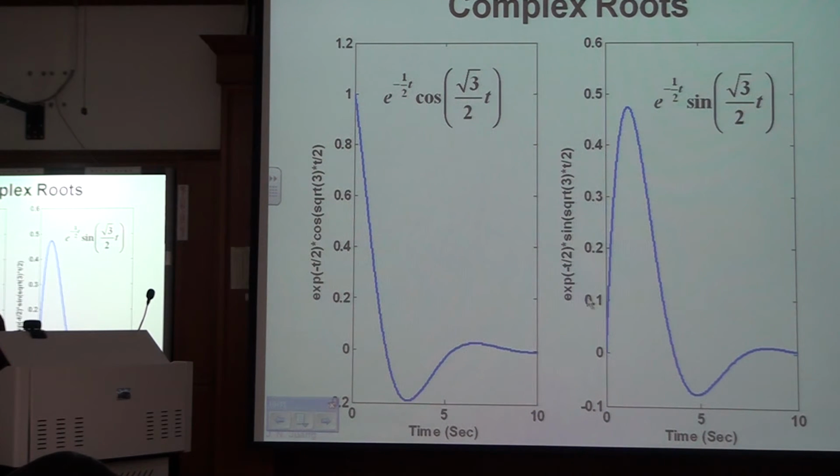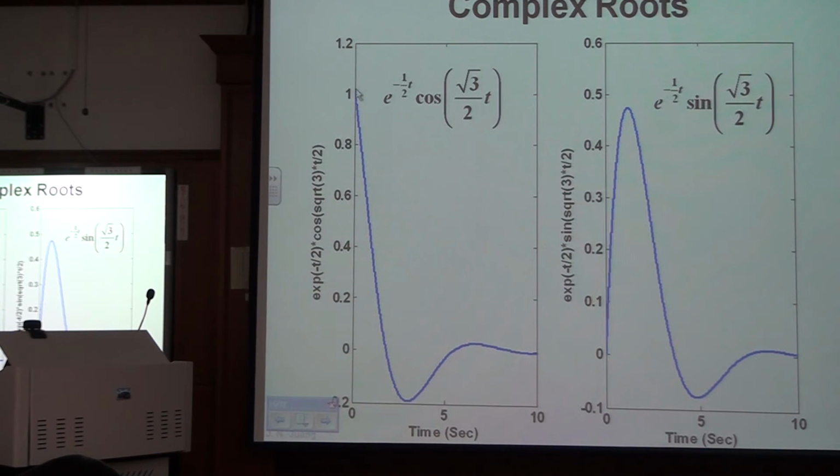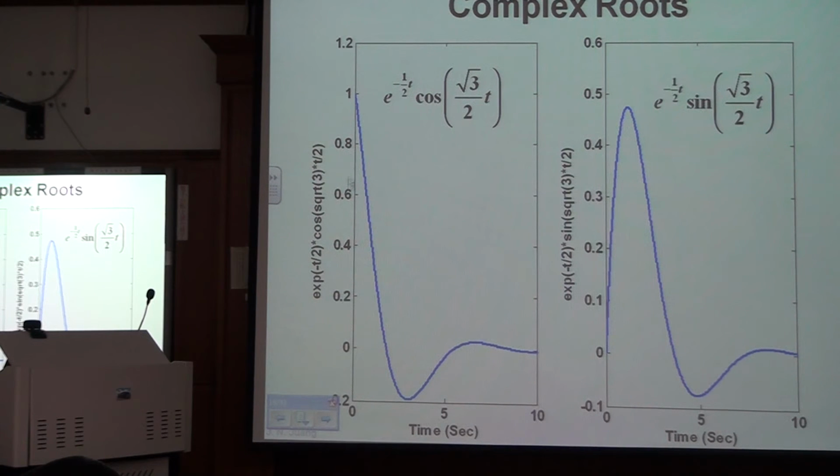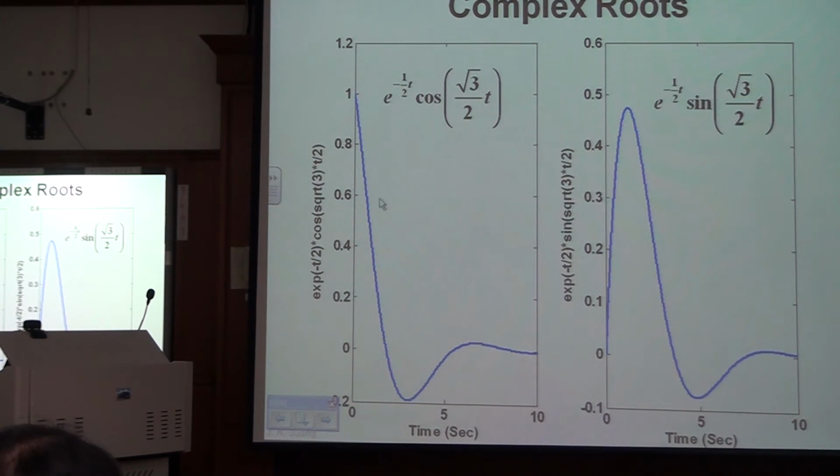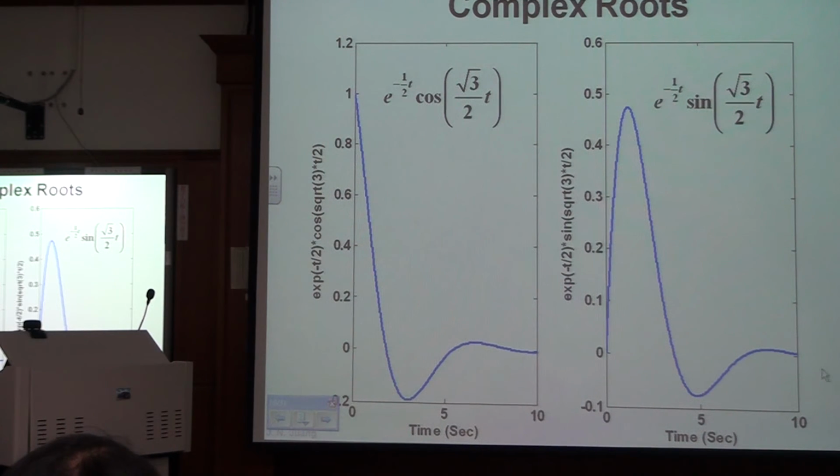Look at these two curves. I have e^(-t/2), and the same thing e^(-t/2). The e^(-t/2) gives you the damping. Cosine here gives you the oscillations.